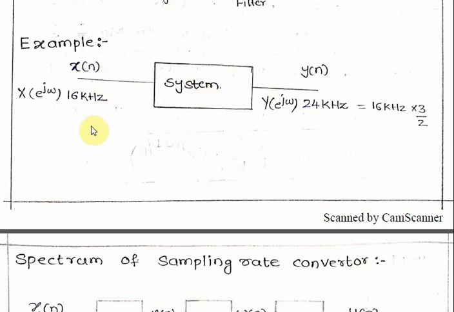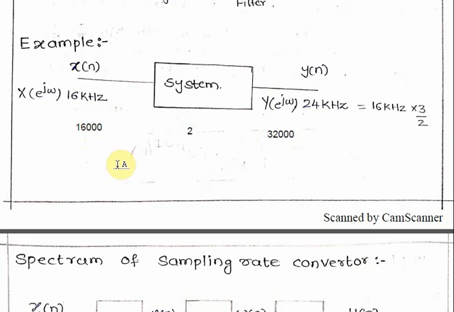It has 16,000 samples and we need 32,000 samples. We need to increase the samples from 16,000 to 32,000. We need to do the operation interpolation with a factor of 2.